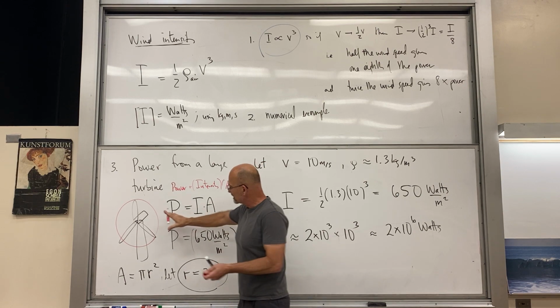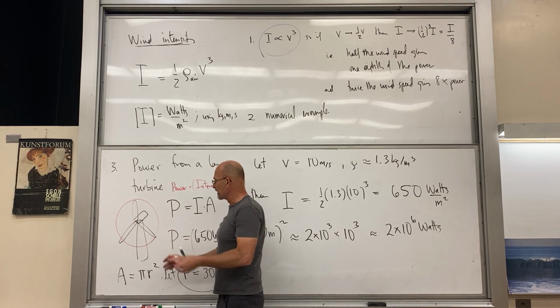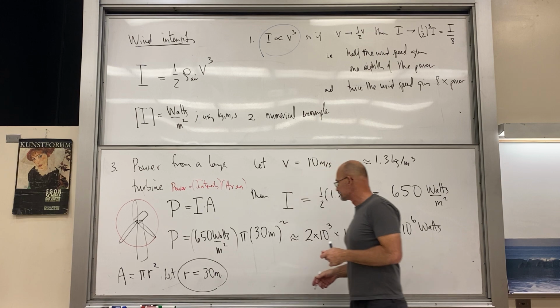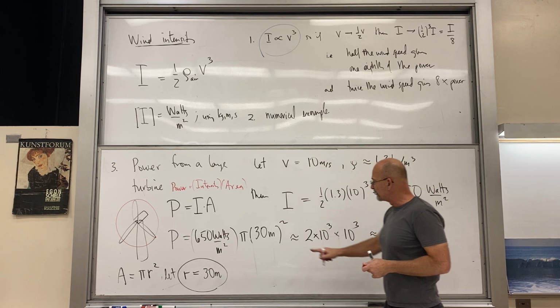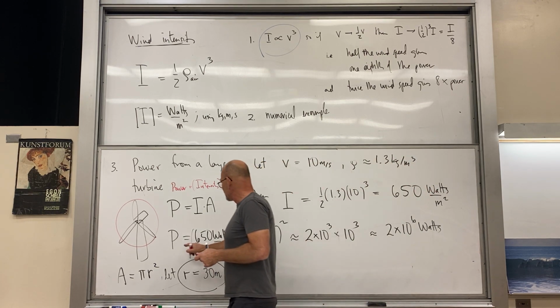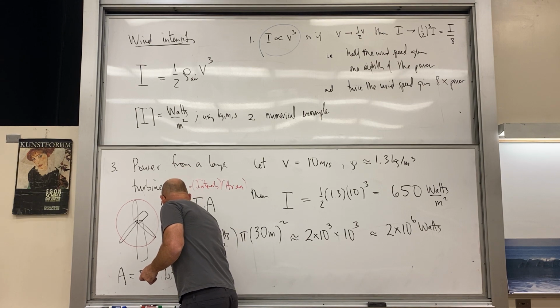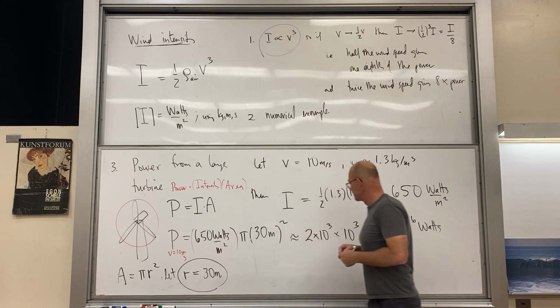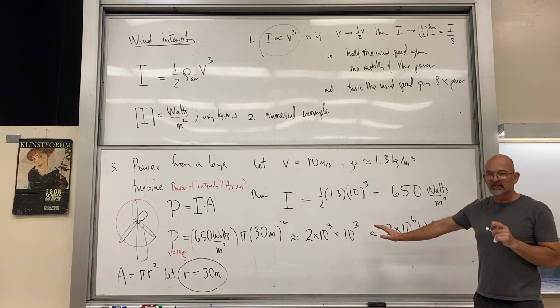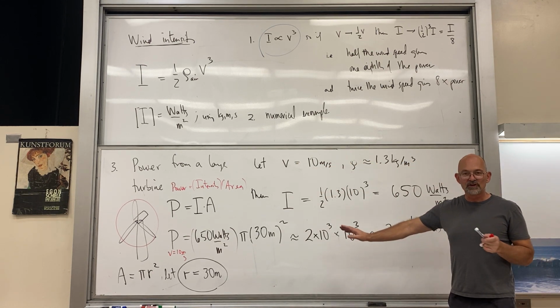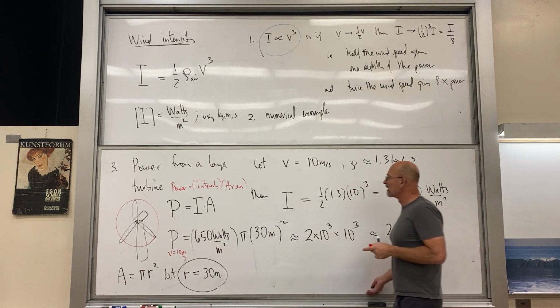The area we're talking about is swept out by the blades, so that's not that big a window there. And this is for V equals 10 meters per second. Okay. Good, so that is actually the scale of what these large turbines can put out.